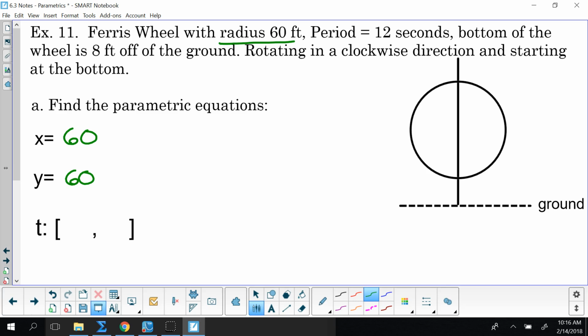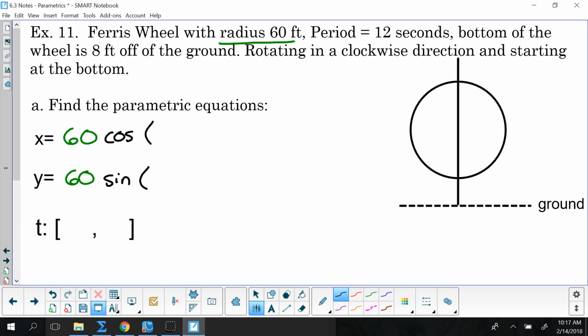Right? Then, x is cosine, y is sine. We're going to kind of build them at the same time because a lot of the stuff happens in both in the exact same spots.